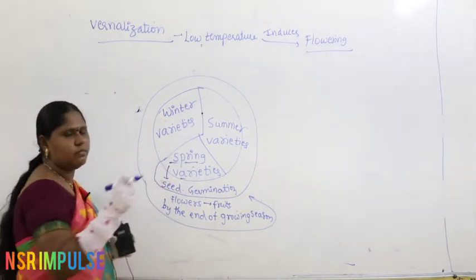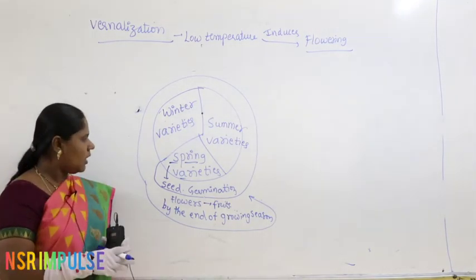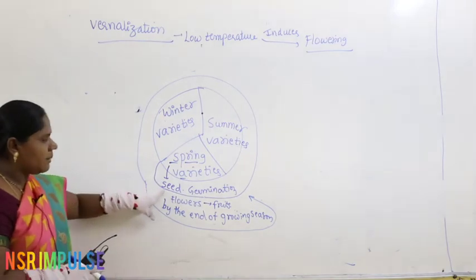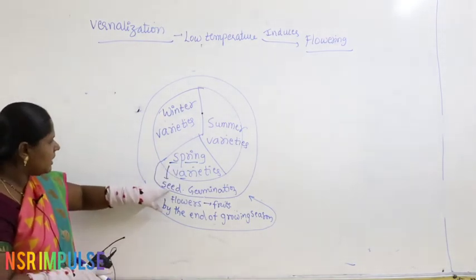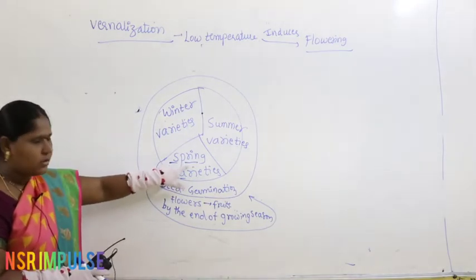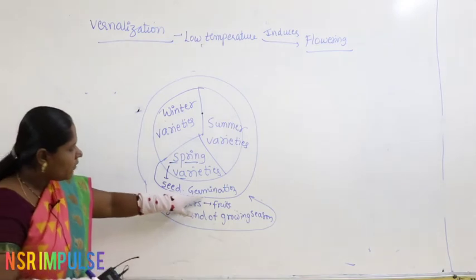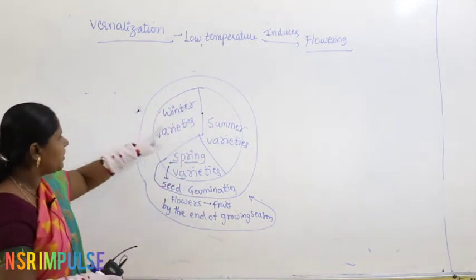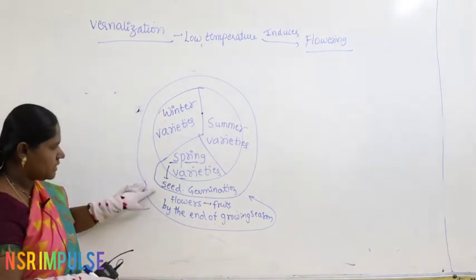A spring variety means the variety which is planted in the spring season. Now you kept the seed in the spring season. I am repeating again, you kept the seed in the spring season. Now what happened? The seed will undergo germination. Now you have to wait for one more year, because you have to cross summer season, rainy season and come back to spring season.